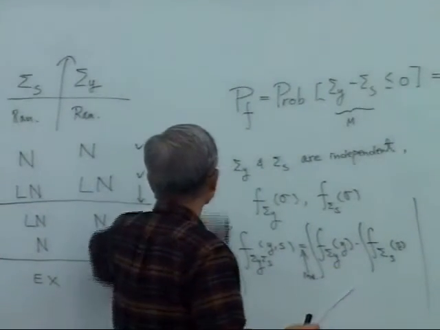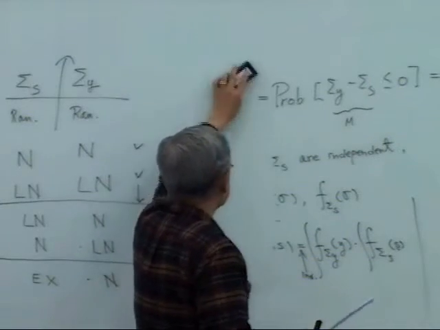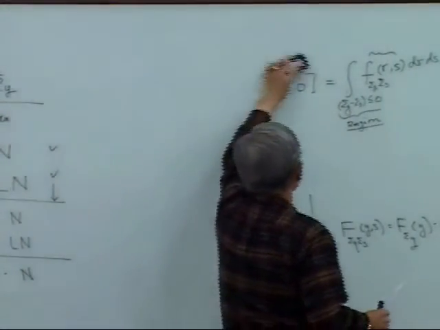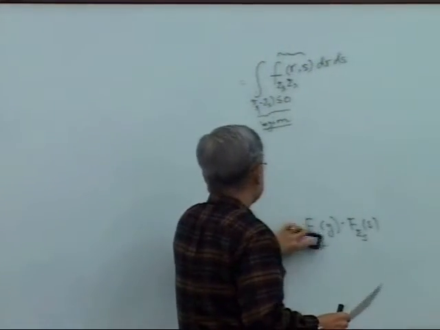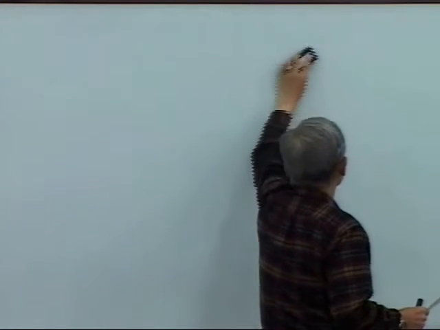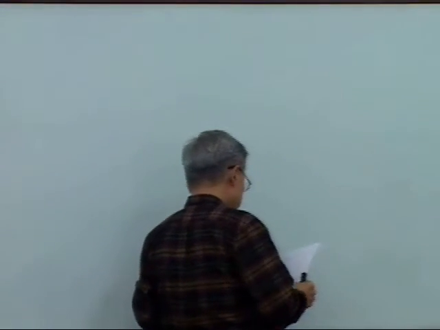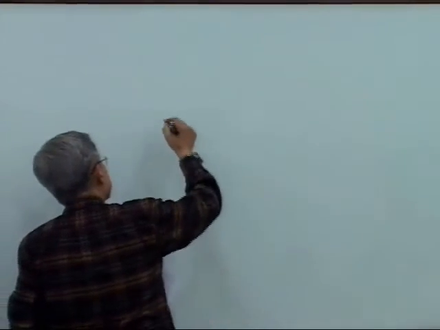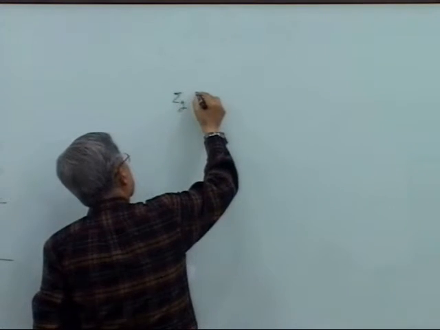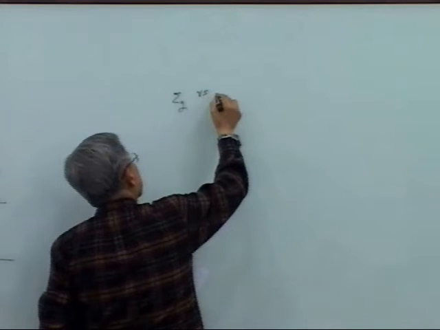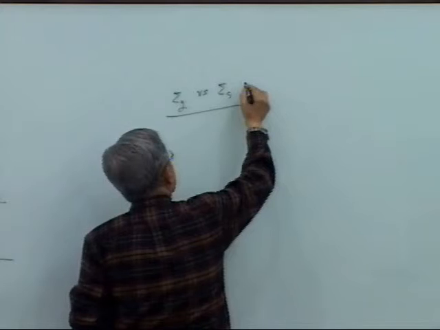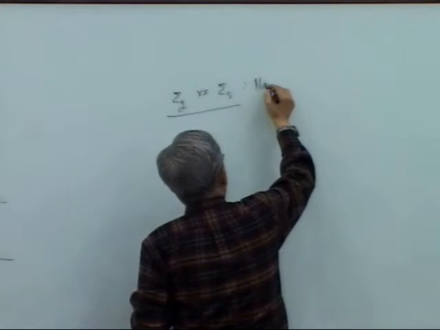Okay, then for the normal situation, we assume, of course, uncorrelated or independent of each other, and both are normal.